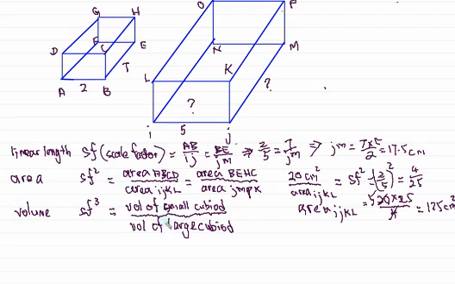Okay, now let's look at volume. How do you compare the ratio of volume? Let's say the volume of this whole thing is 750 cm cube.